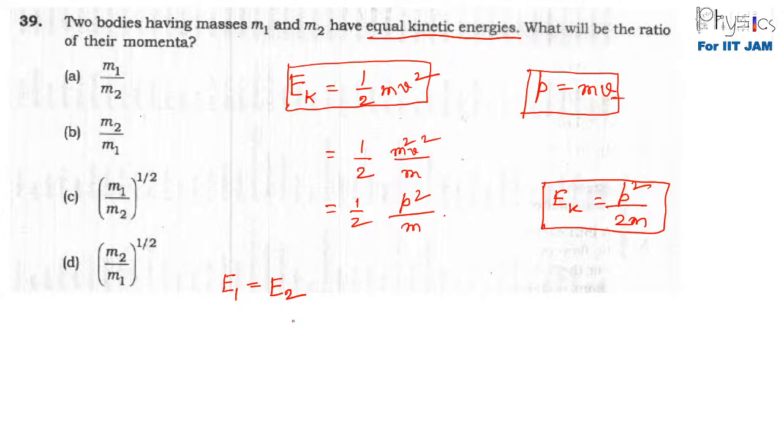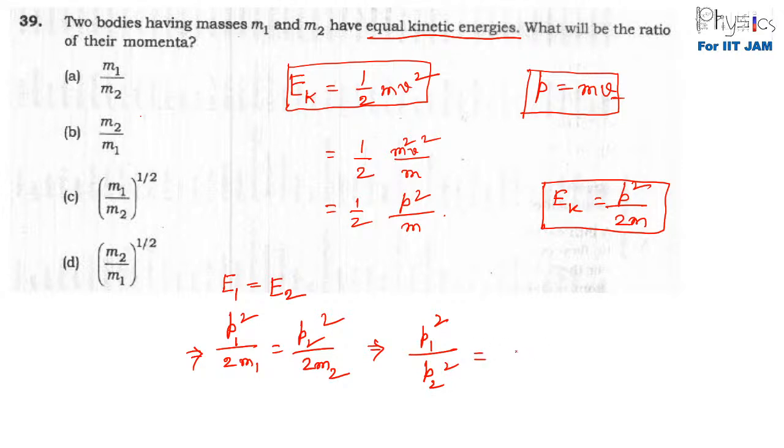So E1 equal E2, that means P1 square by twice M1 equal P2 square by twice M2, right? So we can take it as P1 square by P2 square equal M1 by M2, right?